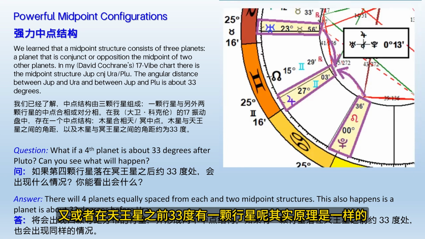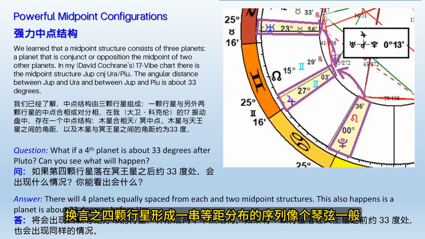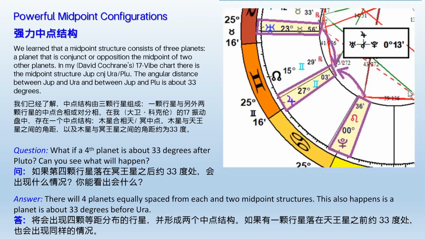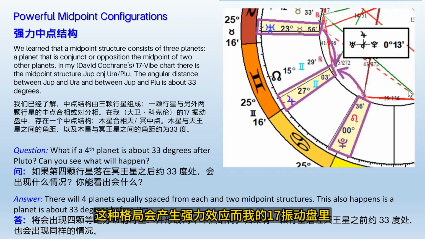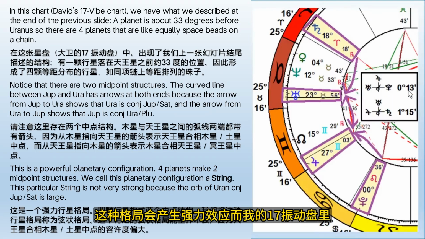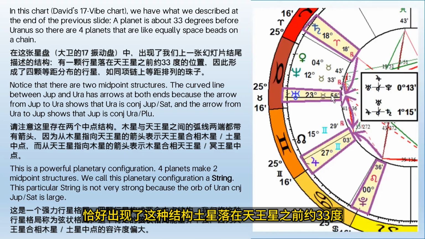Or what would happen if we go 33 degrees before Uranus? Same idea. In other words, we have a string of 4 planets that are about equally spread from each other. And what's going to happen in this case, and here's what happens in my 17 vibration chart, is I have exactly that happening.